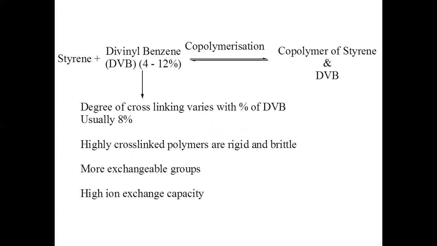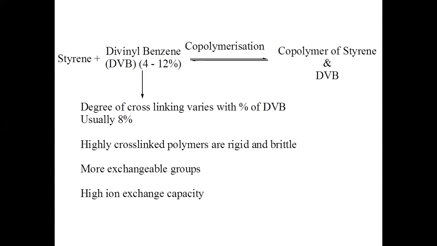First, we have to prepare a copolymer. By the copolymerization process, one of the most commonly used pairs of compounds to prepare the copolymer is styrene and divinyl benzene.